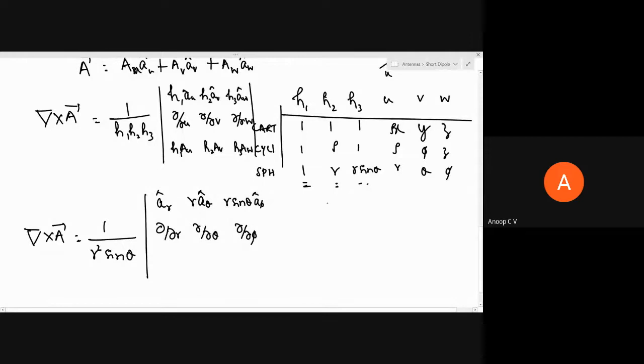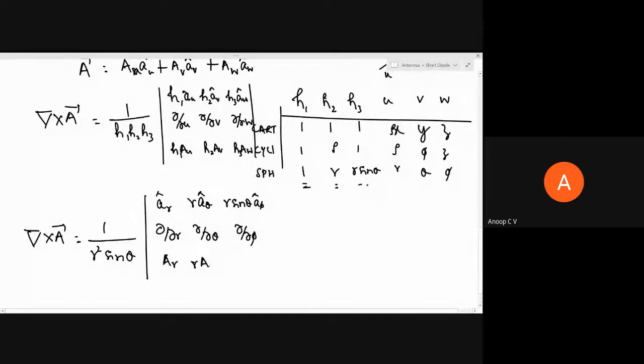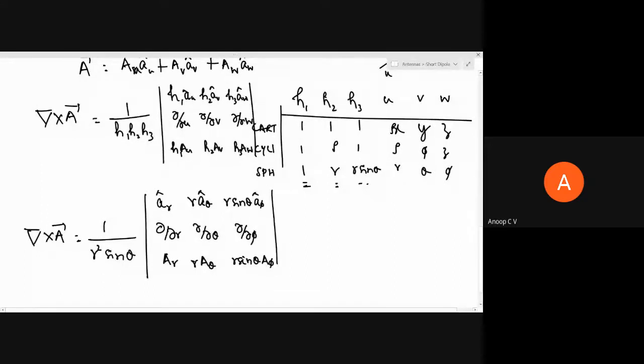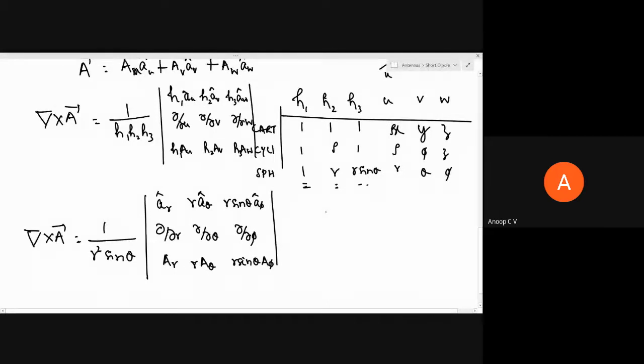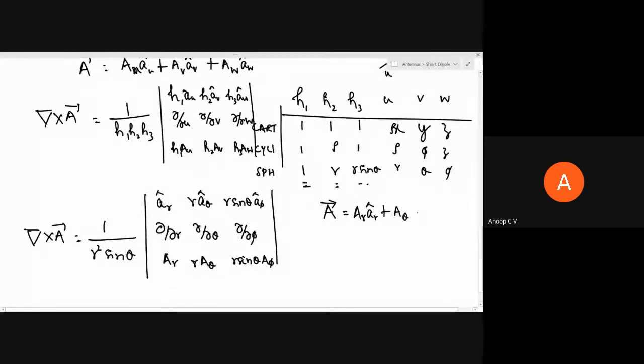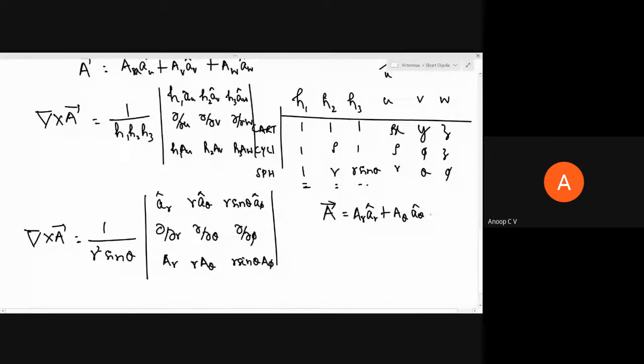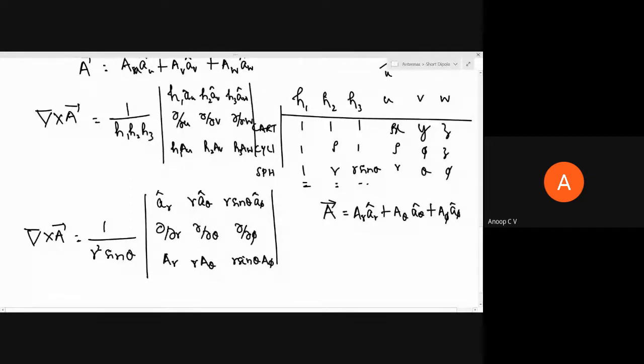Then we have 1 into AR, then R times A theta and R sine theta times A phi. So this is the expression. We are assuming in spherical coordinates vector A can be written as AR cap plus A theta cap plus A phi along the unit vector in phi direction.